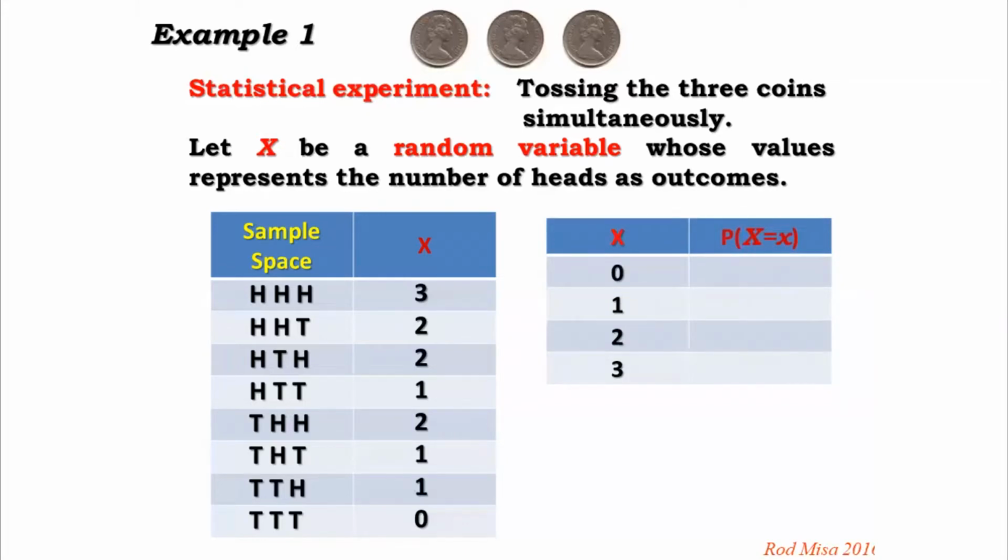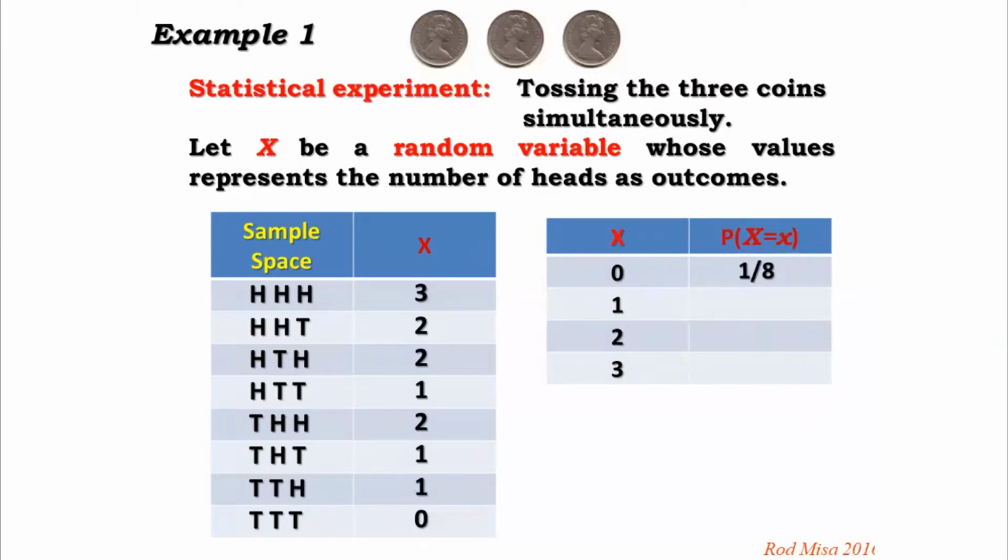And you notice that there are 8 possible outcomes when you toss 3 coins simultaneously. And out of the 8 possible outcomes, there is only one possibility that there is no head at all. So therefore, the probability is 1/8.